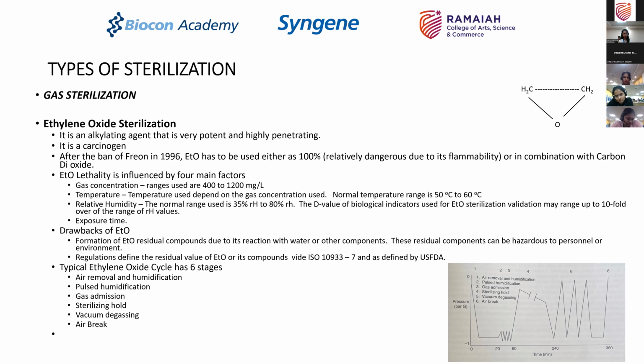So when you decide on an ethylene oxide based sterilization process, and you fix a concentration of the gas because you don't want to put in more gas, either because it could permeate the media in which you have stored your material, or is harmful beyond a particular concentration to the component or the material being sterilized, you play around with the relative humidity to achieve a higher kill rate. And of course, time is an important factor.